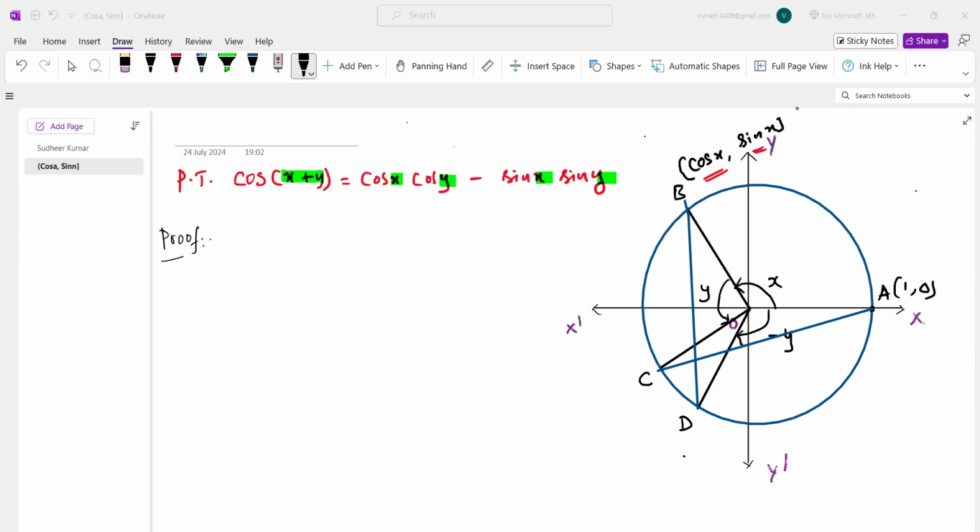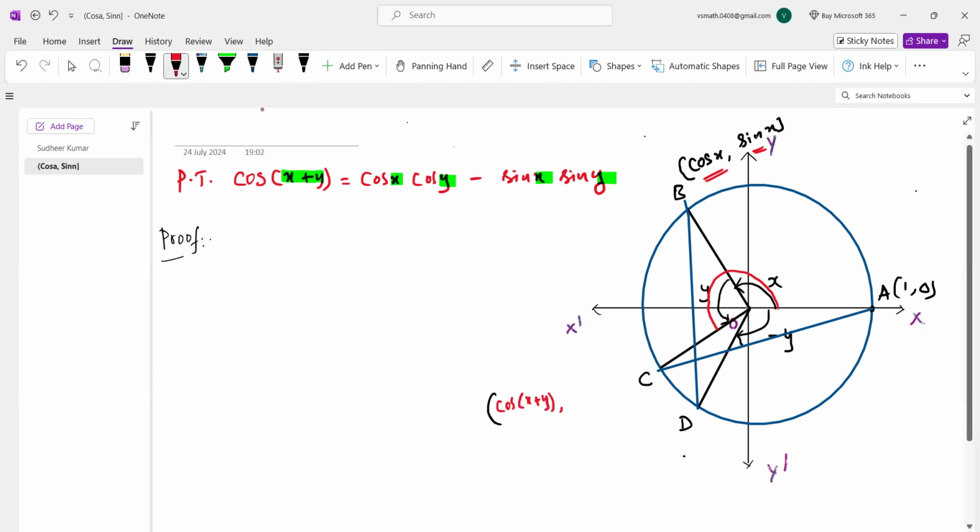Similarly, we can write the coordinates of C. We are considering this angle, so this is x plus y. The first one is cos of x plus y, and the next coordinate is sin of x plus y.